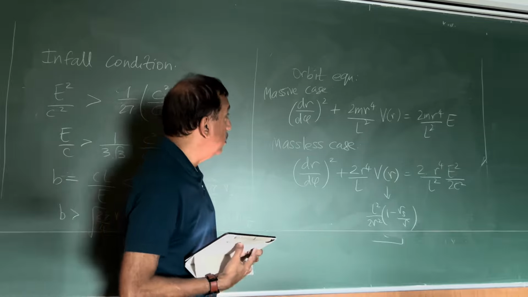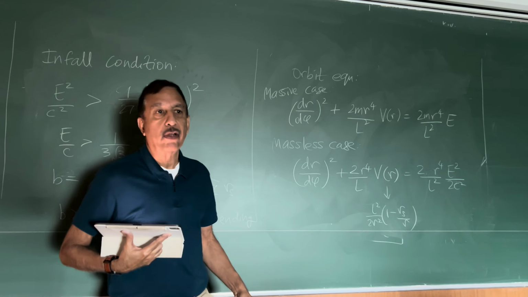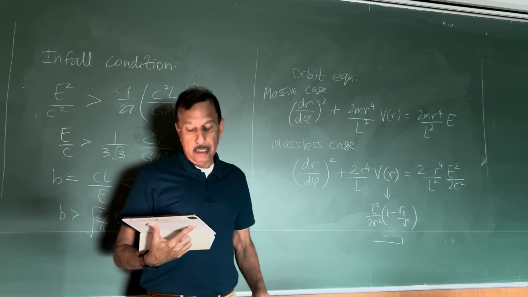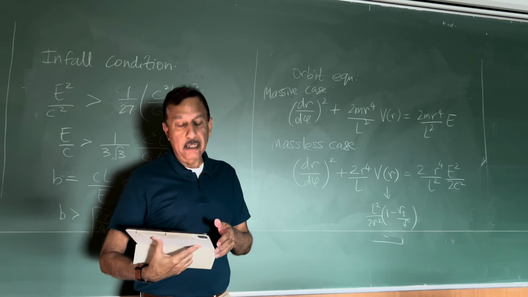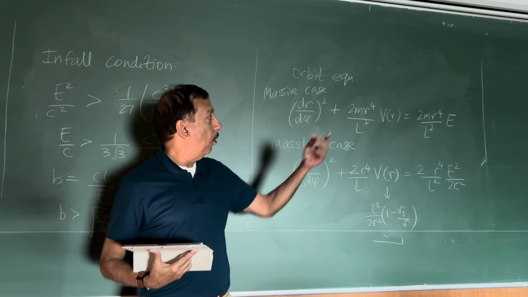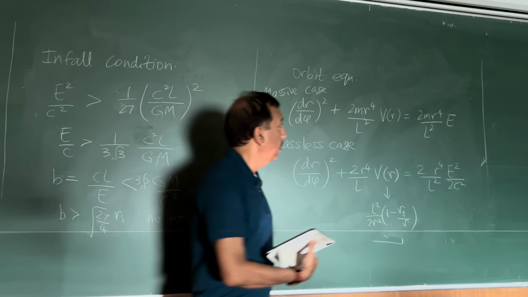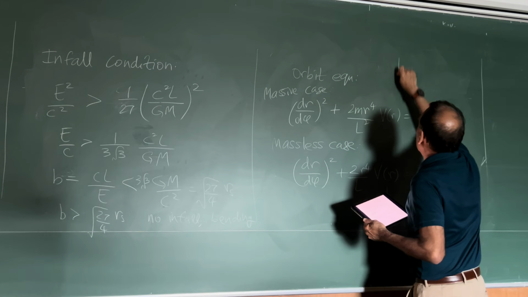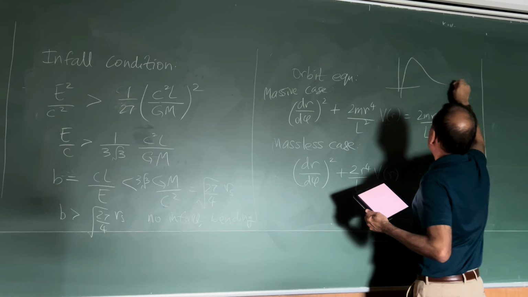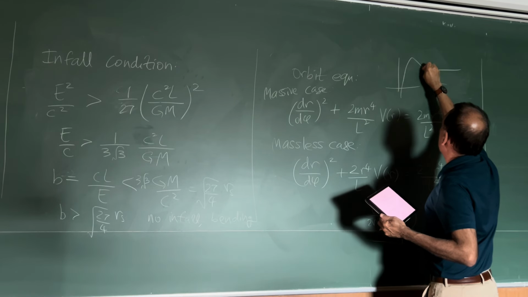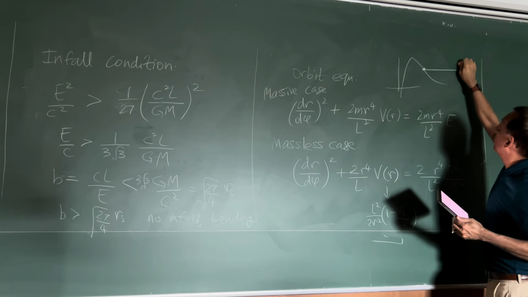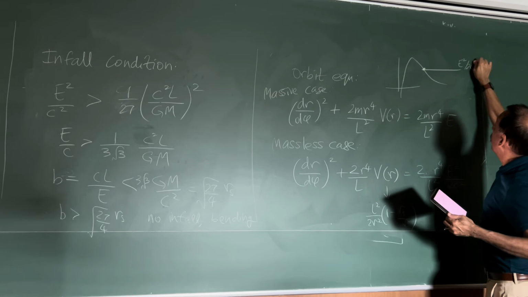So now, since we know that we are looking at bending of light, we can ask for what is the point where the radial function turns round, which is just the turning point as I showed you in the picture. This is the potential, and this stops here for a given value of E squared by 2C squared.